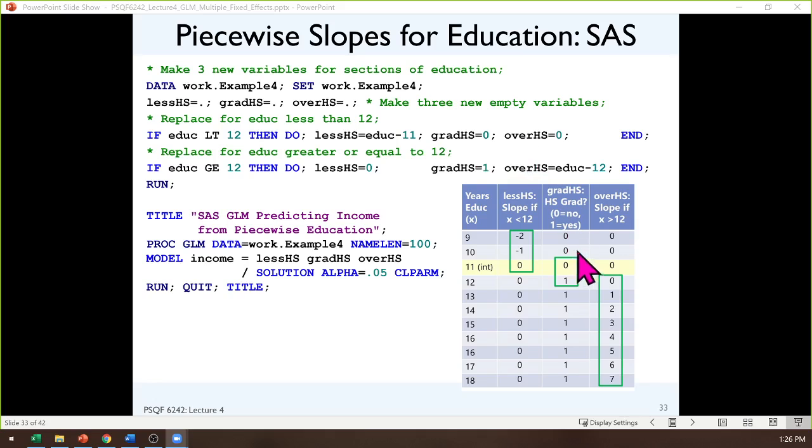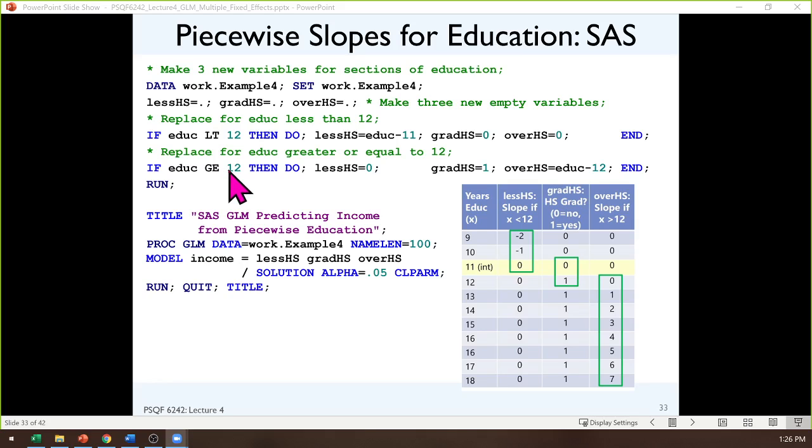The other 2 variables are shut off at 0 because they're not activated yet, if we're talking about someone with less than a high school degree. For the rest of the sample, so GE stands for not a refrigerator, but greater than or equal to.